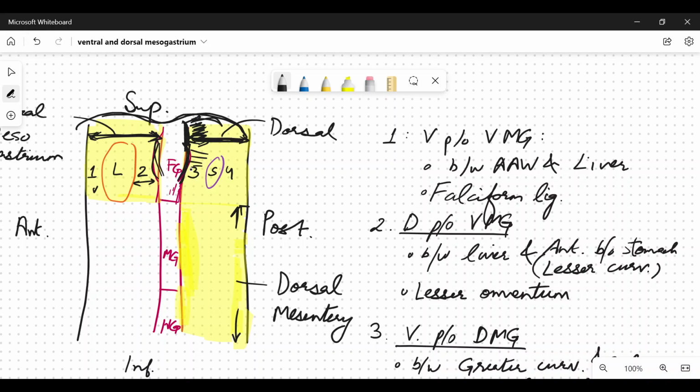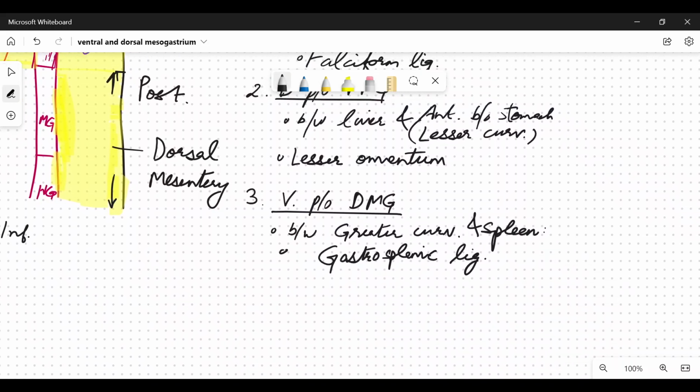The middle part stretches between the greater curvature and the spleen, and the caudal part grows a lot to form the greater omentum. So the ventral part of the dorsal mesogastrium gives rise to three structures. Number 1 is the gastrophrenic ligament between the greater curvature and the diaphragm. Number 2 is the gastrosplenic ligament, and number 3 is the greater omentum.